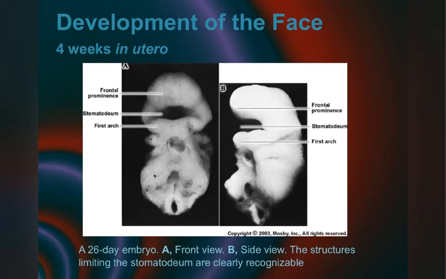Here are also 2 human embryos. They are both 4 weeks in utero. This is frontal view and this is lateral view. Again, we can identify the stomodium here, and we identify the facial processes that surround the stomodium.